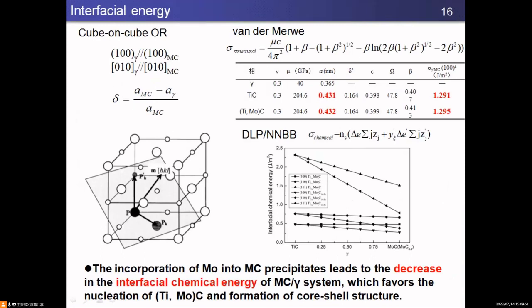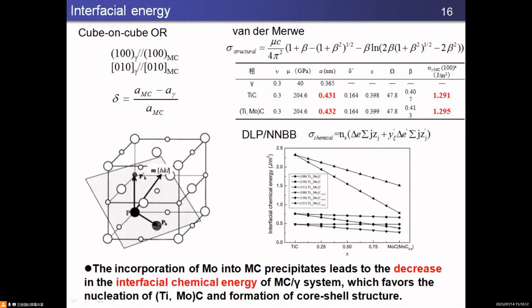We calculate the interfacial energy, including the structural part from the misfit and the chemical part. It's known that MC carbide obeys the cube-on-cube orientation relationship. We calculate the misfit.